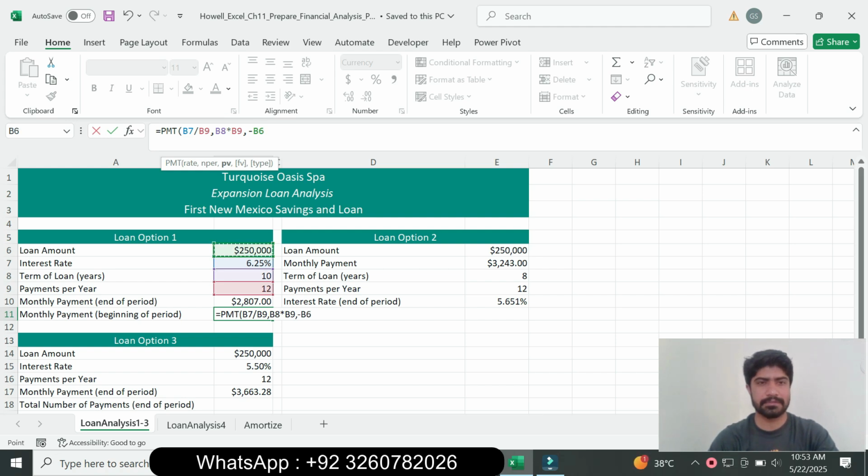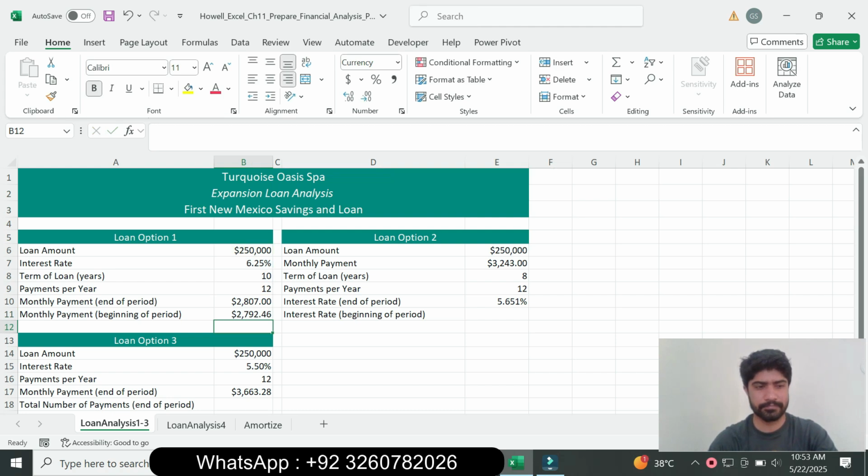Select B6, type a comma, type 1, close bracket and press enter. So the result is 2792.46.